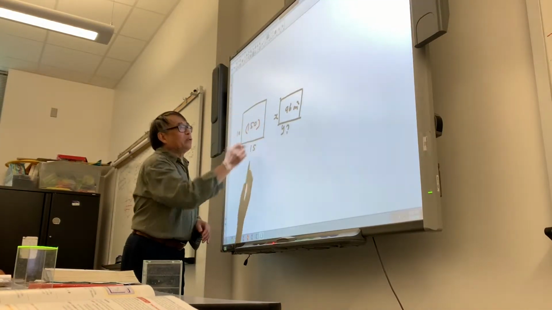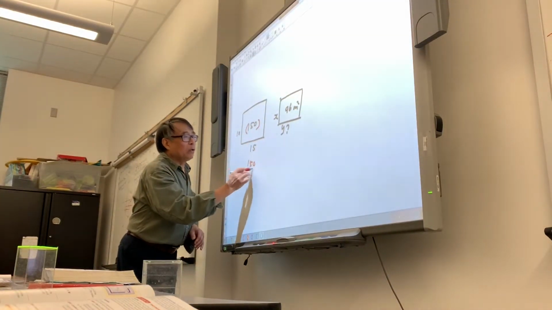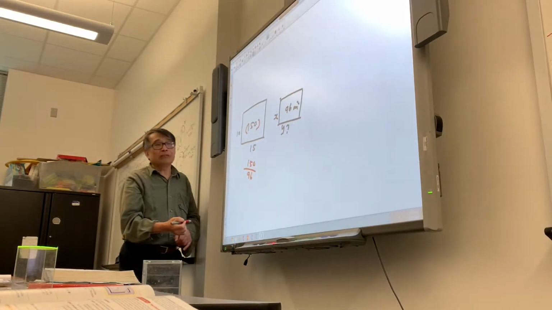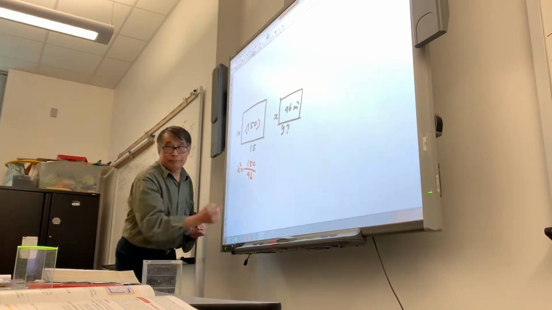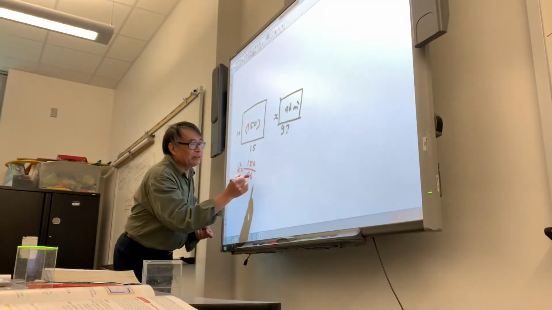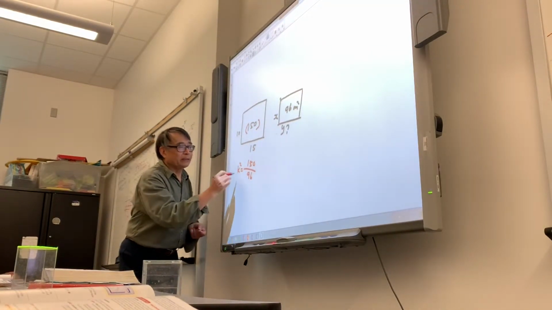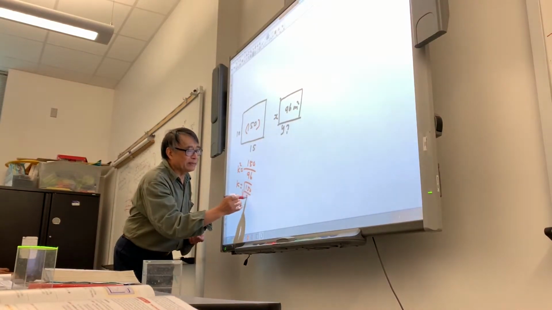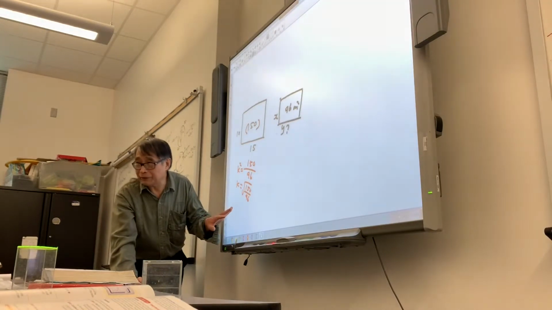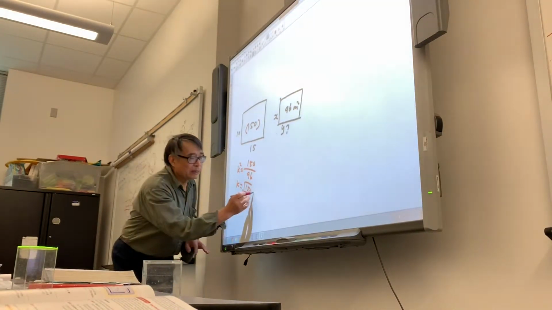Now, the bigger one, 150 over 96. This is the area ratio. We say this is K squared. Then you can take the square root. You get K equals the square root of 150 over 96. But this number is too big. I show you how to do it.